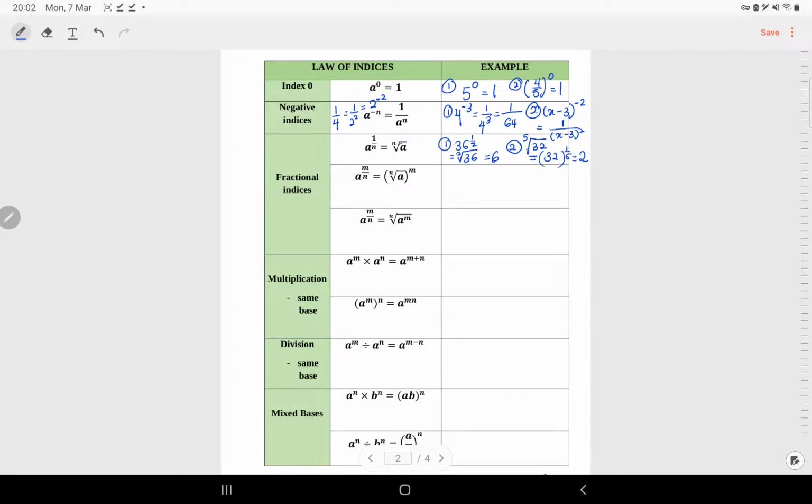Or for example 81 is basically 3 to the power 4. Or 125 is 5 to the power 3.